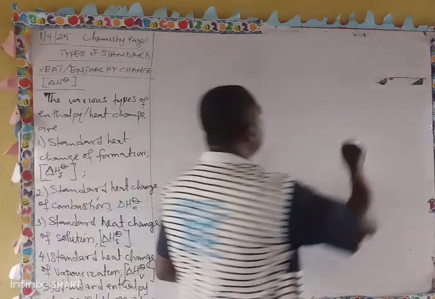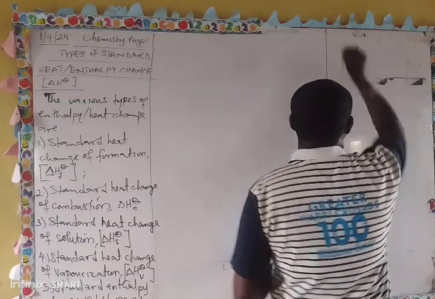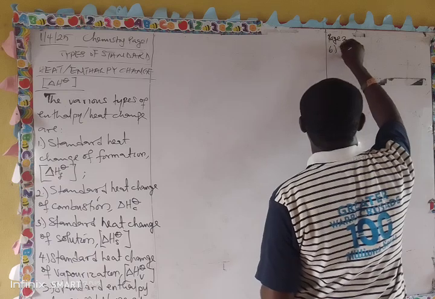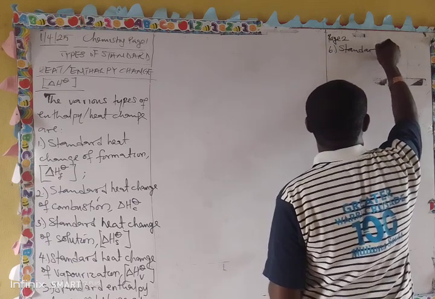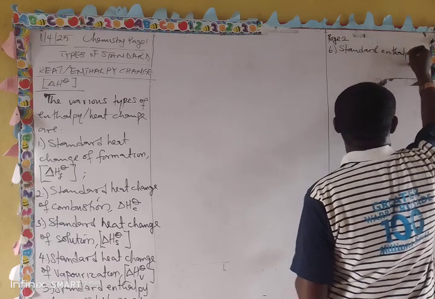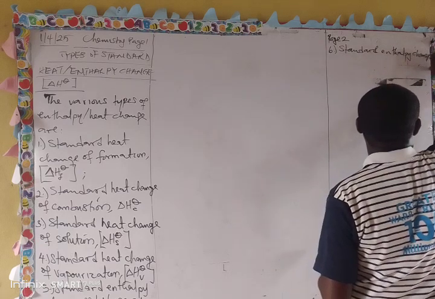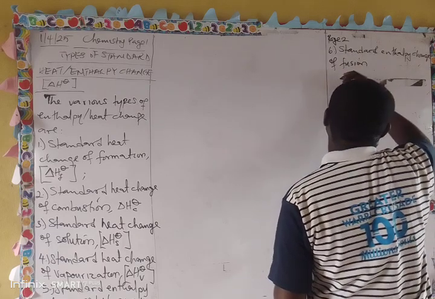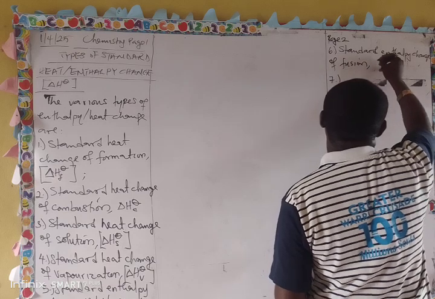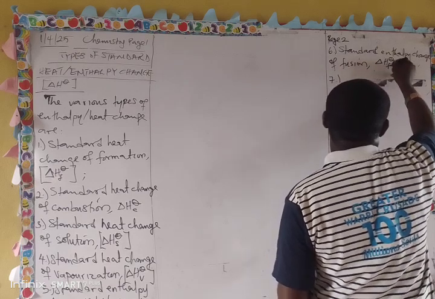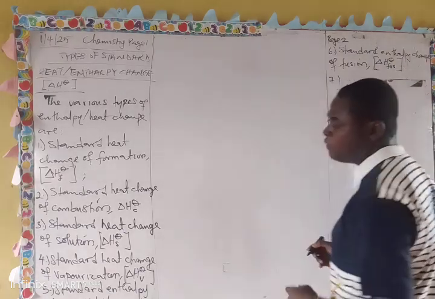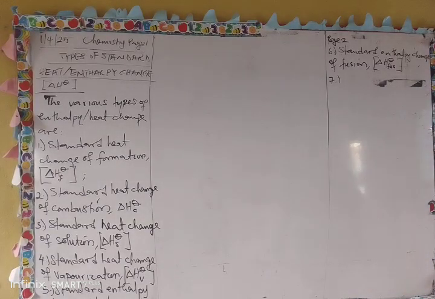Then number 6 now, we have standard enthalpy change of fusion. Because we already have formation with this F, so we have to do something to rearrange ourselves.